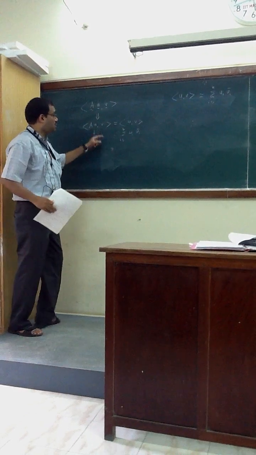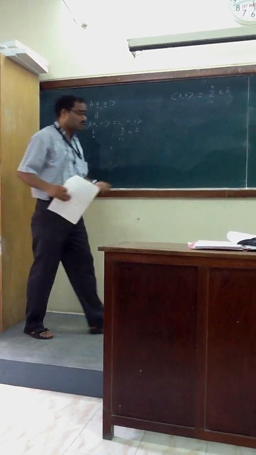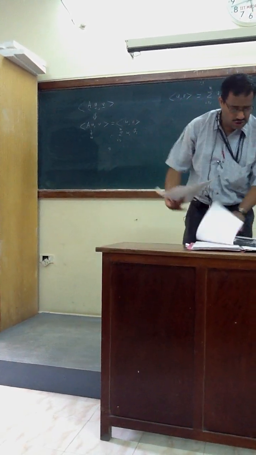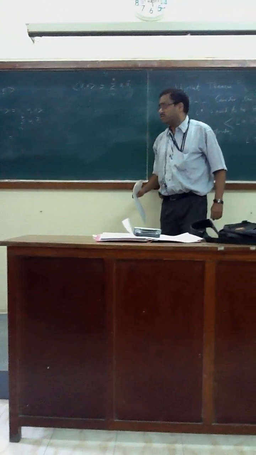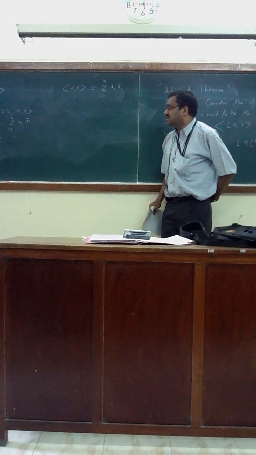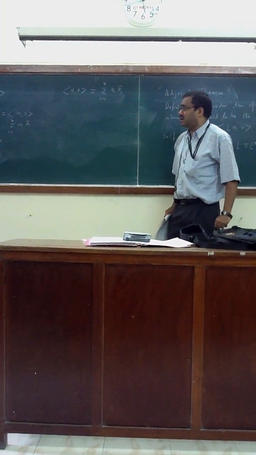Now W equals AU. So I can introduce another index called J. With that J, can you express this summation of W_i V_i bar in terms of A and U?